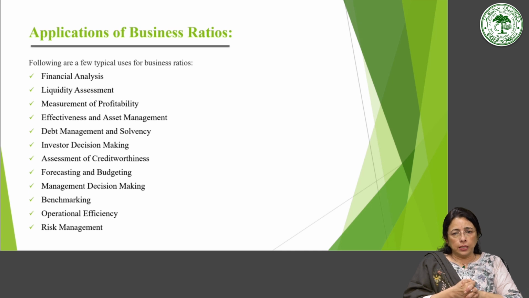After that, the next is that it helps in assessing the creditworthiness of the creditors, of the lenders, of people to whom we are granting goods on credit. So, before granting credit, lenders and creditors can assess the company's creditworthiness using the different ratios.